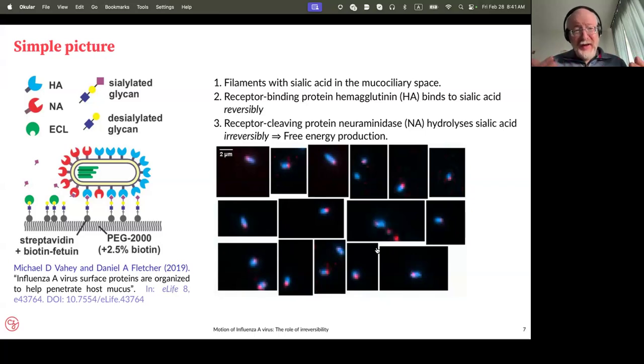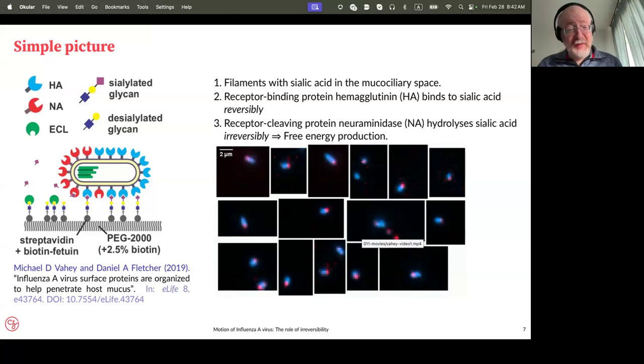It means that you cannot have any active things there, and Einstein still rules. But besides reversible binding, there are some other proteins which break the bonds, and it's important that they break them irreversibly. They burn the filament, and if you burn the filament, you cannot bond again. Because you cannot bond again, you change the entropy of the system, you change the free energy, and you have free energy production.